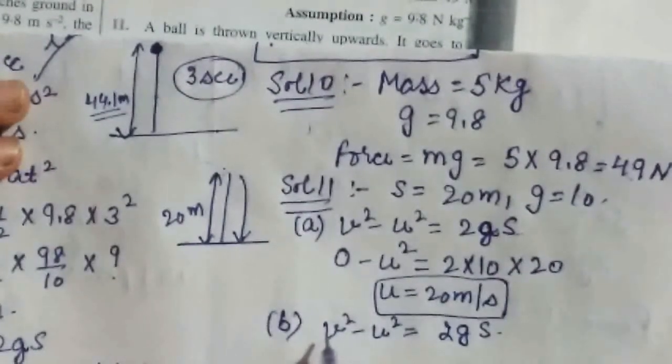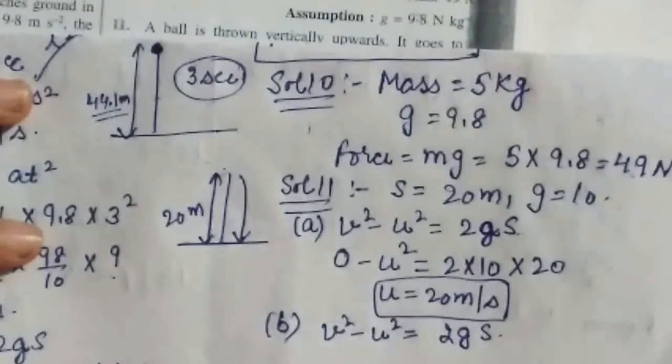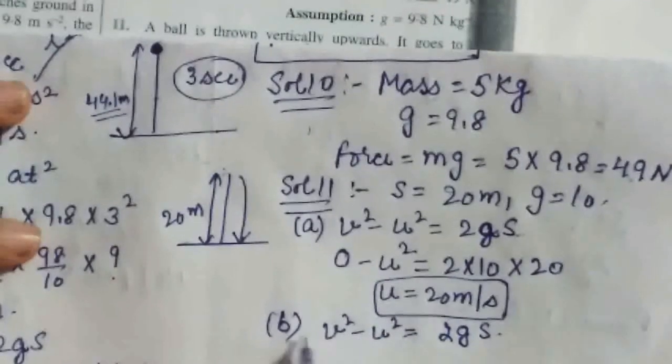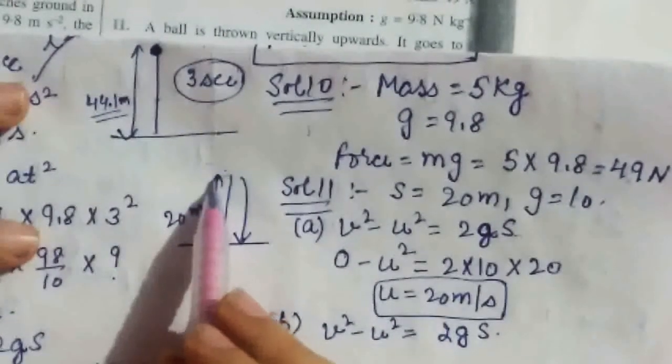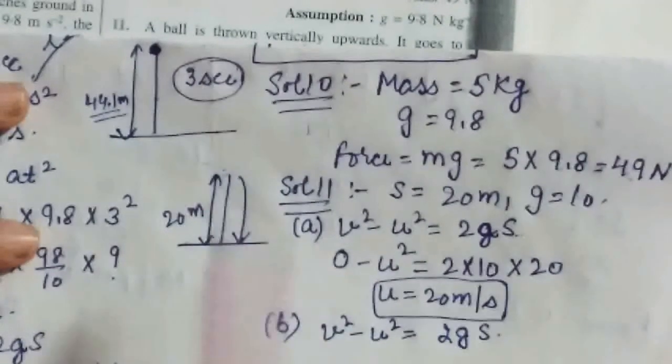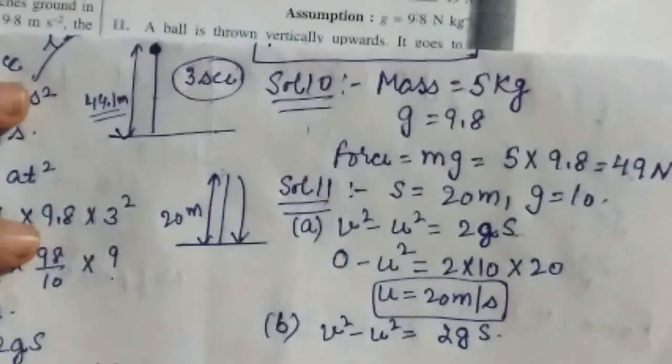Here v is the final velocity of the ball when it strikes the ground, and the velocity at the maximum height reaches 0. Clear? Which is equivalent to the initial velocity for the journey of the ball toward the ground.